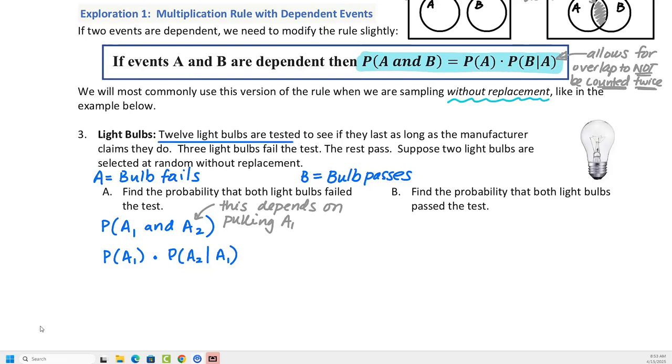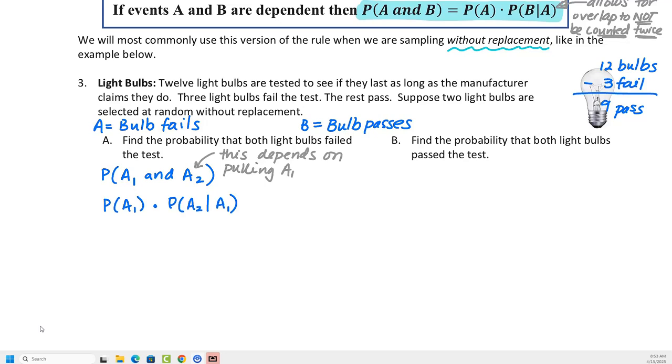Do you see that? How many of them will fail? Isn't it 3? And if you subtract those, doesn't that tell me that 9 will pass? You see that?